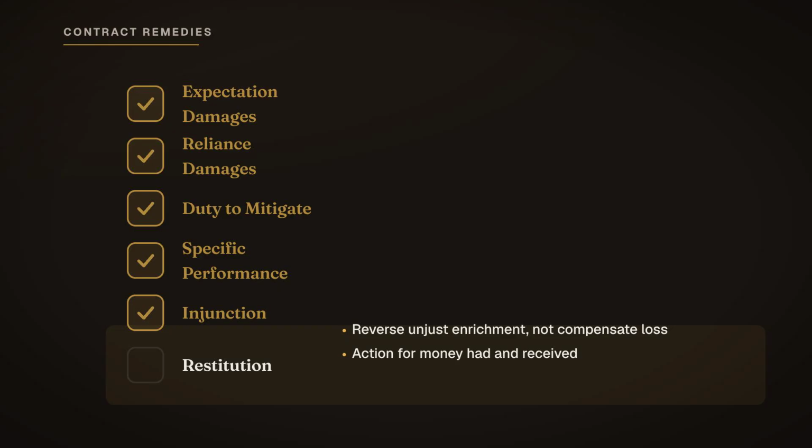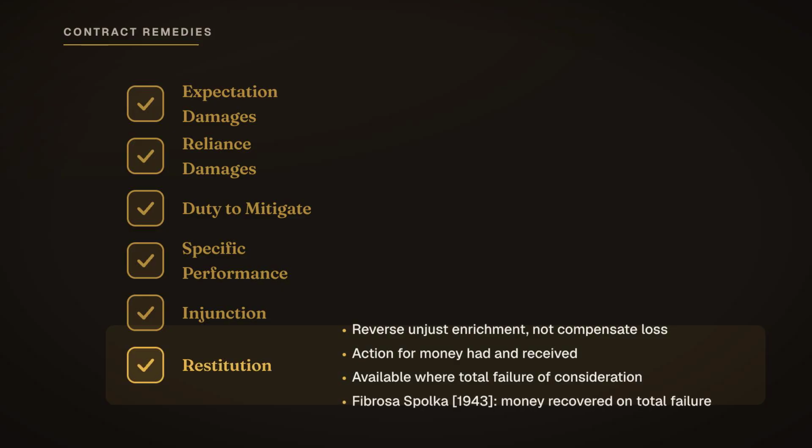In Fibrosa Spolka Akcyjna v. Fairbairn Lawson from 1943, the House of Lords held that money paid under a contract could be recovered where there had been a total failure of consideration. The action is essentially for money had and received. Note that restitution is separate from damages. The claimant is not recovering expectation or reliance loss, but unwinding the transaction.